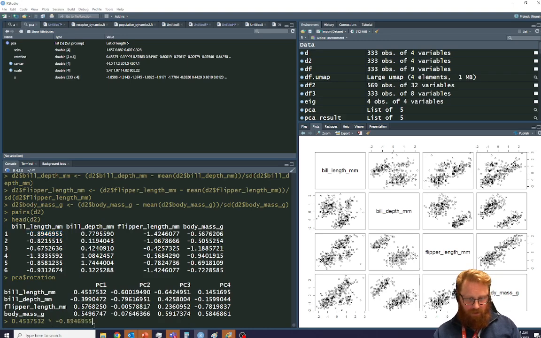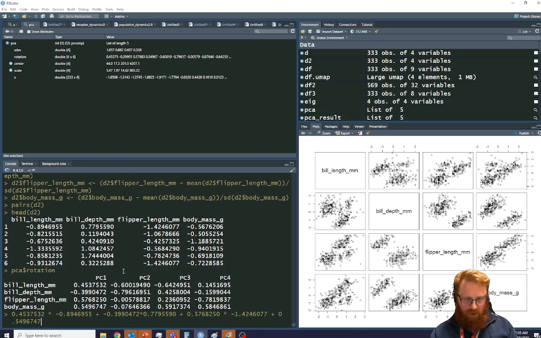So we're saying I want 45% of the bill length. Then I add on minus 39% of the bill depth. Then I add on 57% of the flipper length. And then I add on 55% of the body mass.